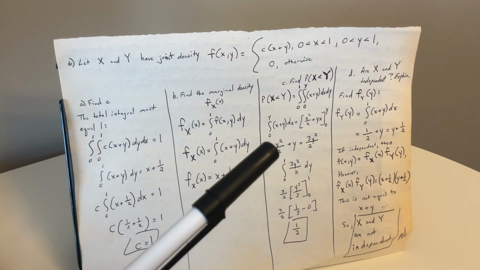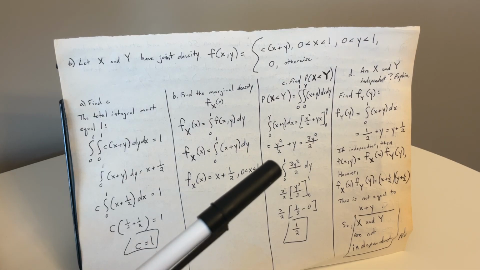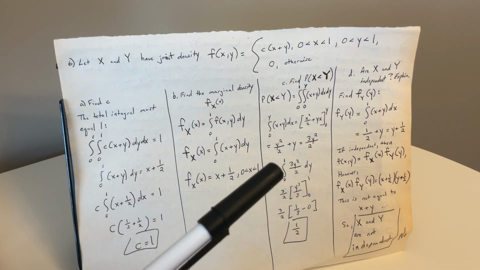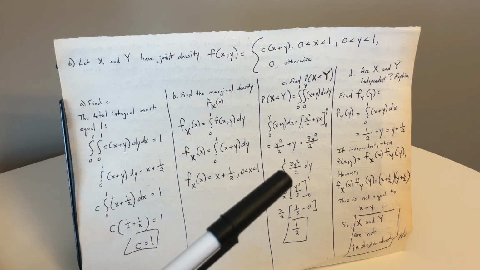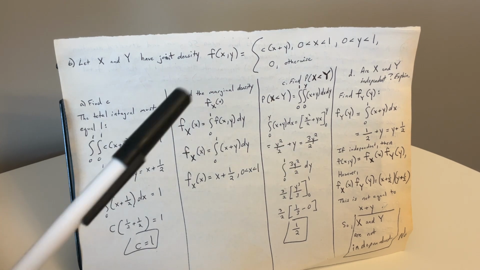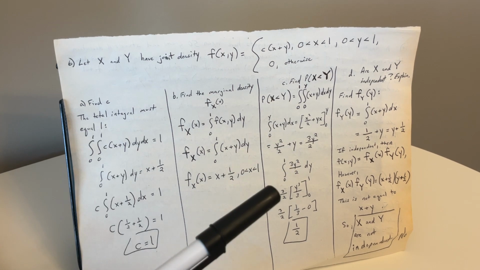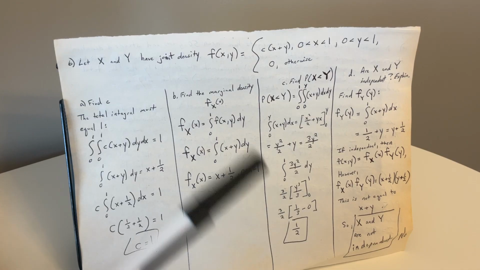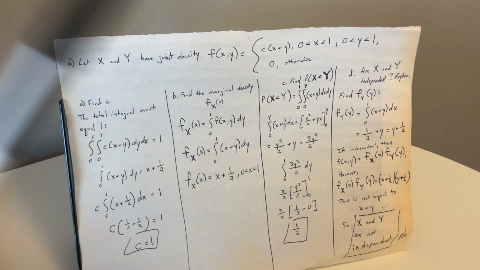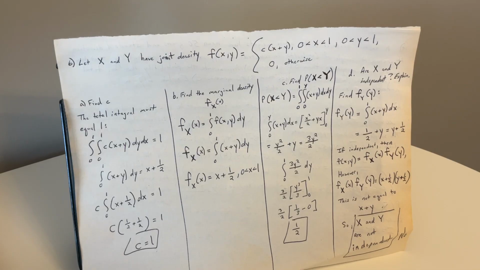We wind up with y squared over 2 plus y squared equals 3y squared over 2. And now from 0 to 1, 3y squared over 2 dy. Now we're doing dy. And that comes out to 1/2. So letter C would be 1/2.